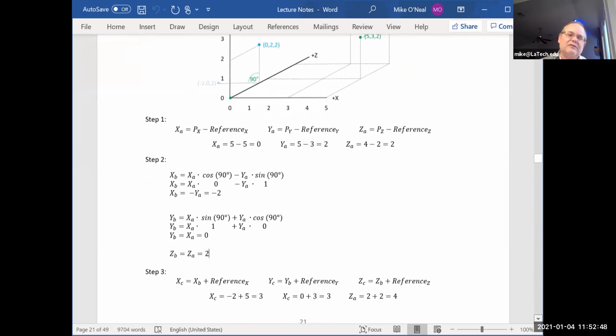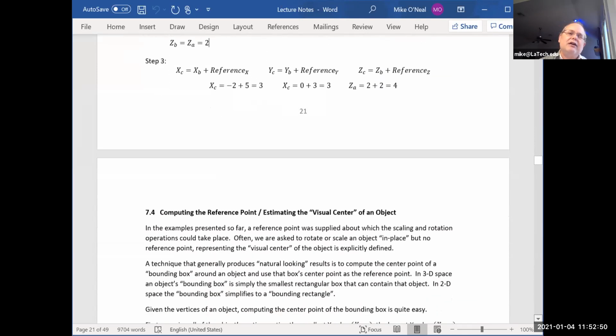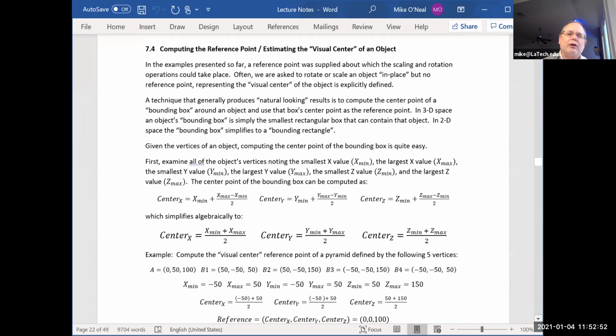Well, the answer is there is no algorithm for computing the visual center of an object. And the reason for that is, what do you mean by visual center of an object? Well, normally it's the point in the middle.